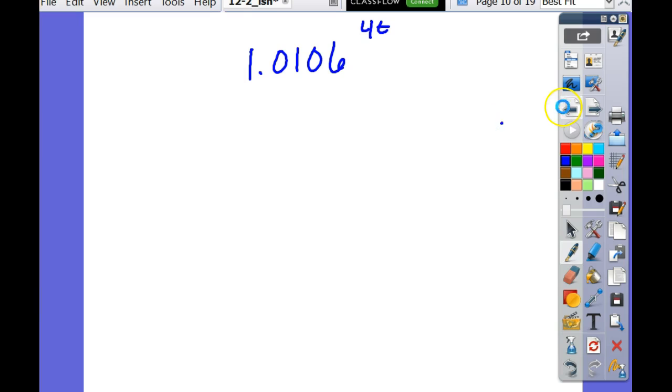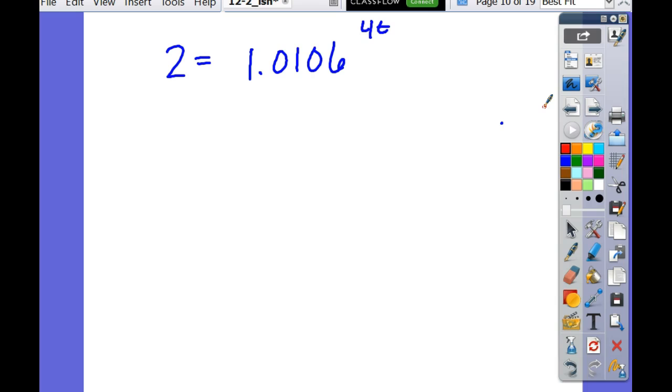And that is going to be equal to 2. What you do not do at this point is divide by the 1.0106. If you're not going to divide by that, what are you going to do to solve for the t?